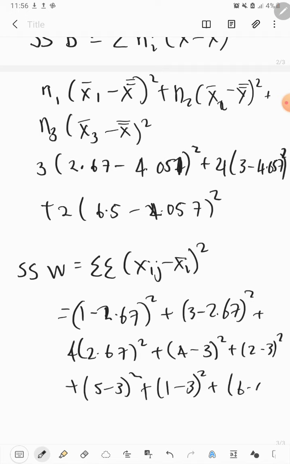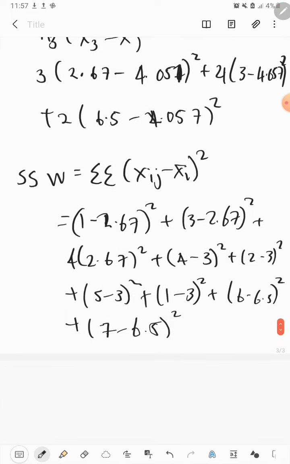Then we have 6 minus 6.5, and 7 minus 6.5. Okay, so this will give us the sum of squares within.